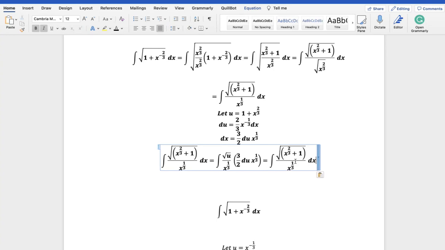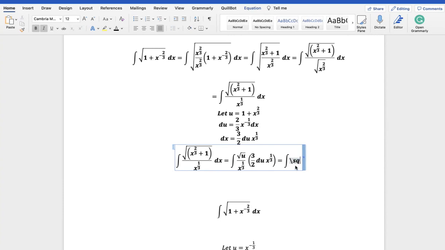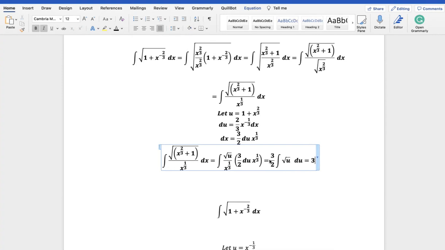So then you have the square root of u. Basically, it's the integral of the square root of u multiplied by the 3 over 2, which is a constant, so it can come out, 3 over 2 multiplied by du. So the integral of root u du, right? Which can easily be solved.